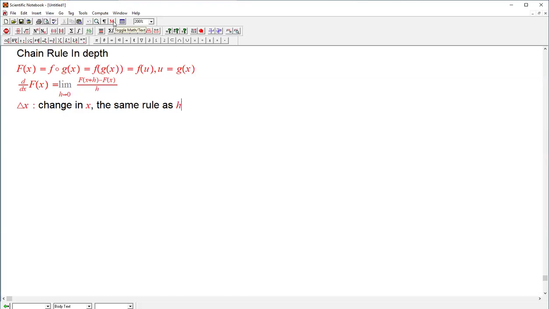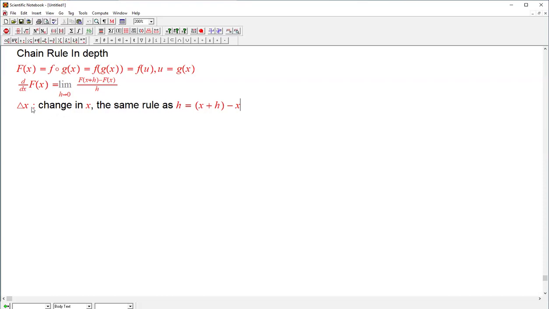But why do we introduce delta x? Because we want to indicate h is a difference: h is equal to the change in x, which is x plus h, subtracting x. You'll understand why we introduce change of x, because very soon we're going to see change in u or change in y.